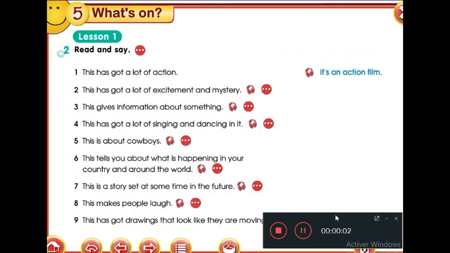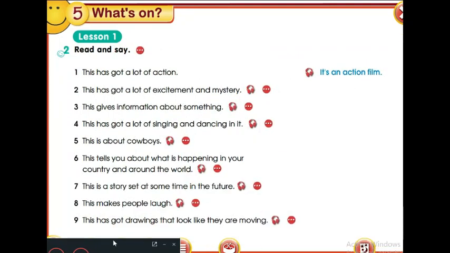And now let's go to exercise number 2. It says read and say. So what we have to do is to read the sentences and then say which film it represents. For example, number 1, this has got a lot of action. Which film has got a lot of action? It's an action film. Number 2, this has got a lot of excitement and mystery. Number 3, this gives information about something.